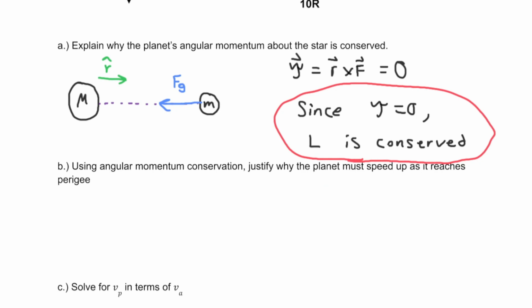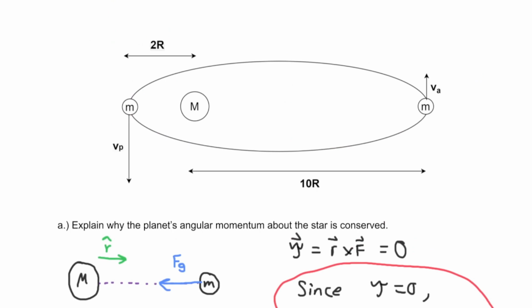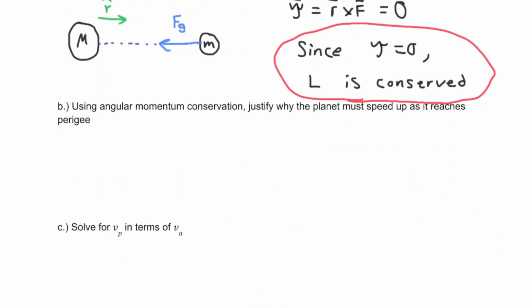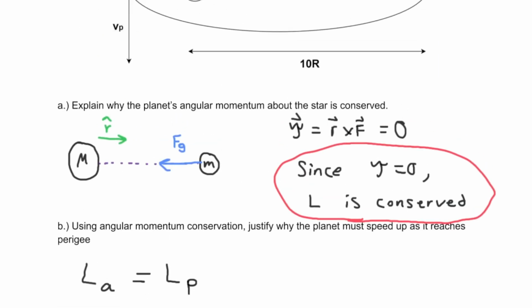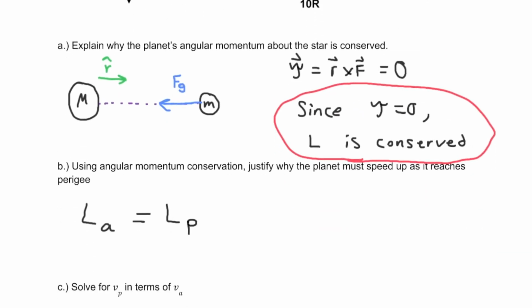Then, using conservation of L, explain why the planet must speed up as it reaches perigee. So, because angular momentum is constant, we know that L at apogee is equal to L at perigee. And also, since we have a point mass that's orbiting, we know that we can use orbital angular momentum.